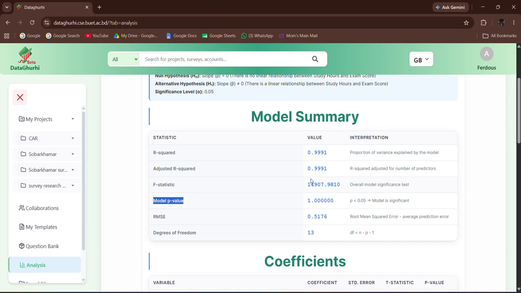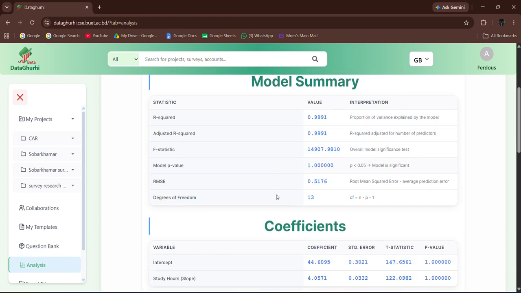The p-value is found as 1.0, so it's greater than the significance level. Here is RMSE, root mean squared error, which measures the average prediction error of the regression model.